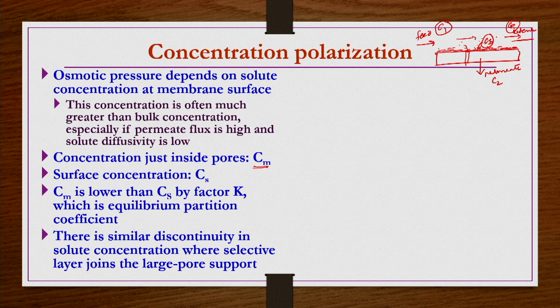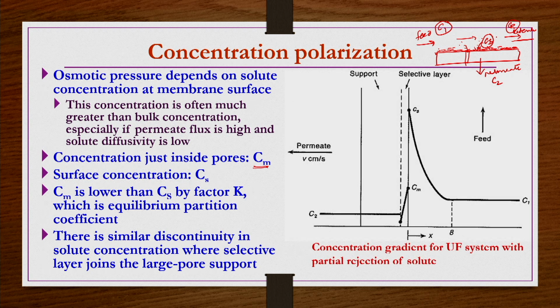A similar discontinuity would be there for the solute concentration where the selective layer joins the large pore support. So pictorially, if you see this concentration variation or concentration gradient for an ultrafiltration membrane, this is the membrane surface towards the support, and this line is the membrane surface exposed to the feed solution which is going to be separated.